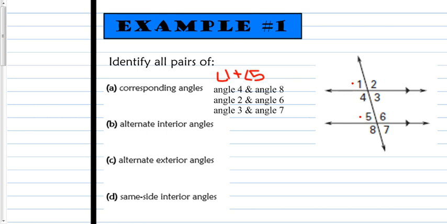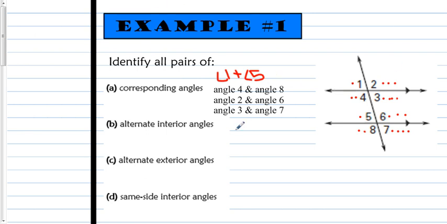Okay, hopefully you found that angle 4 and angle 8 are corresponding. Angle 2 and angle 6 are corresponding. And then angle 3 and angle 7 are corresponding. They're on the same side of the transversal and they're on the same side of the parallel lines. Okay? So those are all your pairs of corresponding angles.